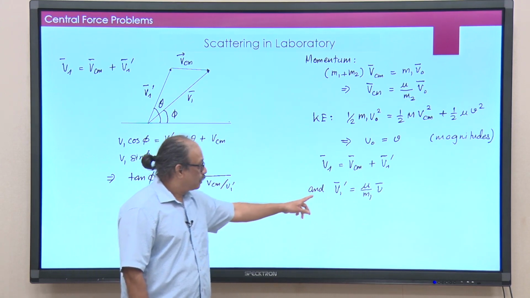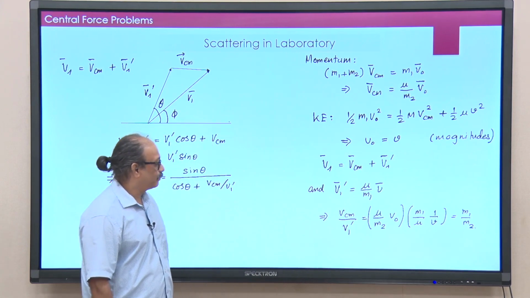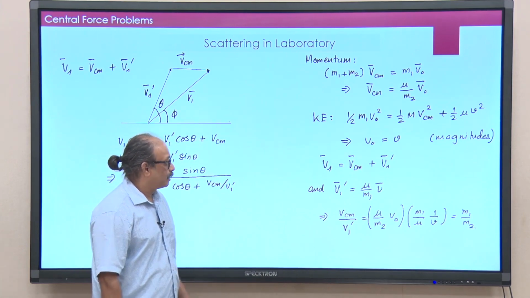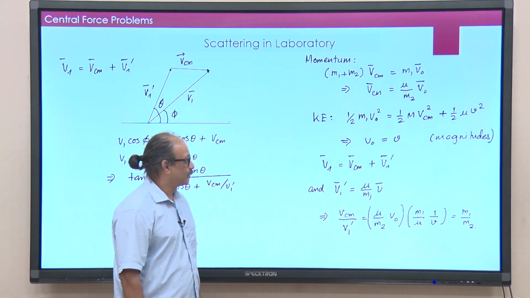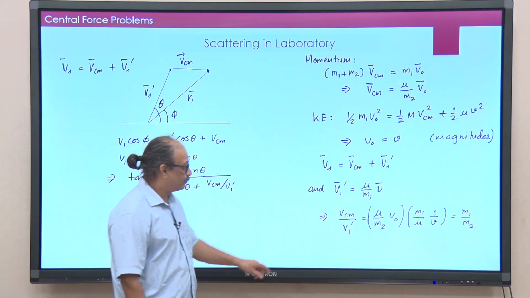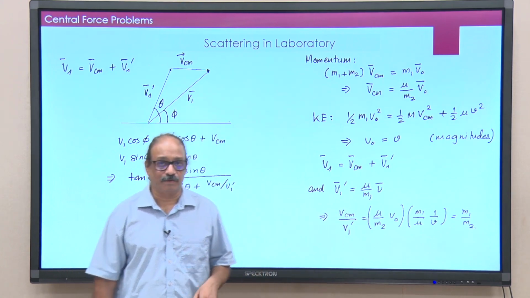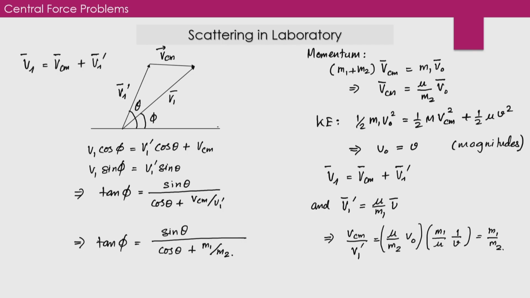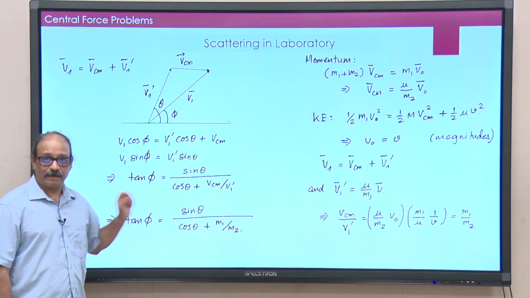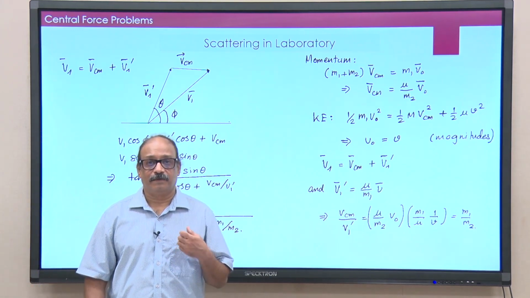Now, here V center of mass divided by V prime. So, I now have everything. You put this here and you get mu by m 2 times V naught, that is V center of mass, and divided by V 1 prime, which is mu by m 1, and that factor is exactly equal to m 1 by m 2, and I can put that factor here, and that gives me the relationship between the laboratory measured scattering angle and the scattering angle that we had used in the calculation of the differential cross section.